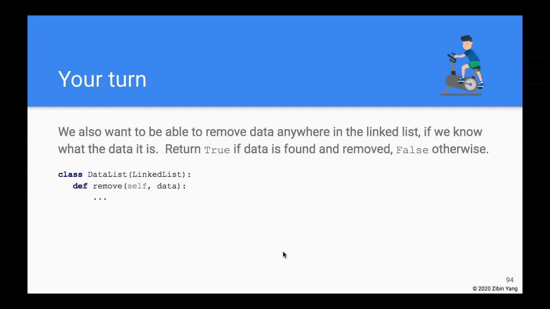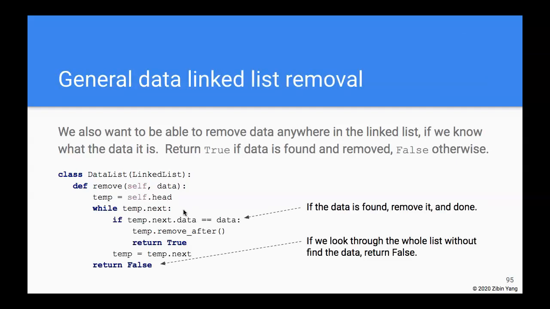And here is the way that I would do it. So we are going to start off the same way. We start at the head and we look at temp.next. Have we reached the end yet? And we compare the temp.next data to the data that we're trying to remove. And if it is in the temp.next node, then we remove the node after temp, right?